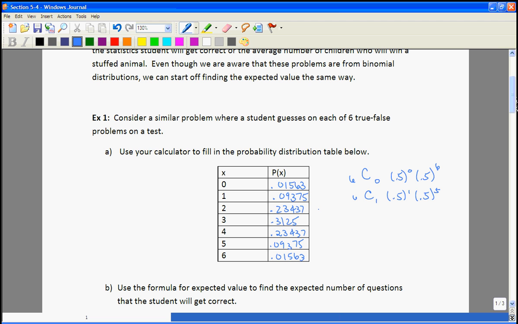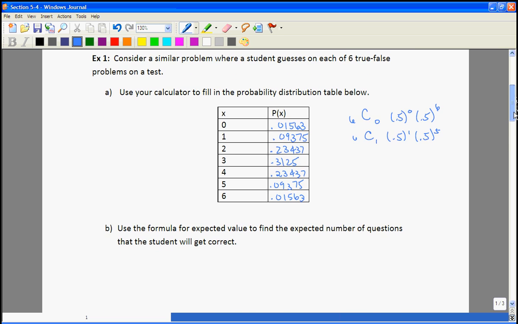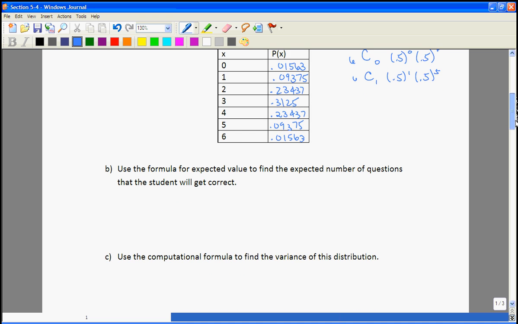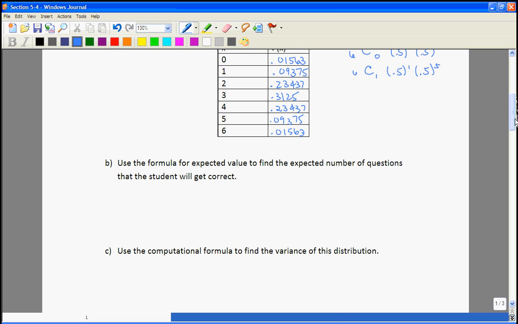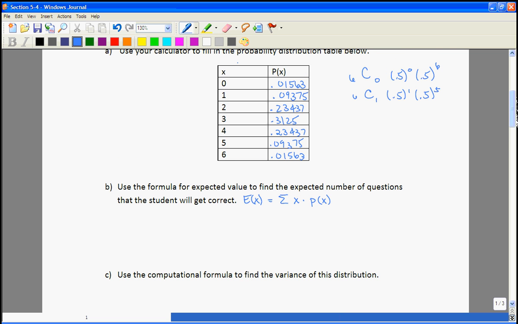Okay, so we have this, and now we're going to use the formula for expected value to find the expected number of correct answers. Well, remember, E of X is the sum of each x value times its probability. So I'm going to take 0 times 0.01563, and 1 times 0.09375, and add those up.